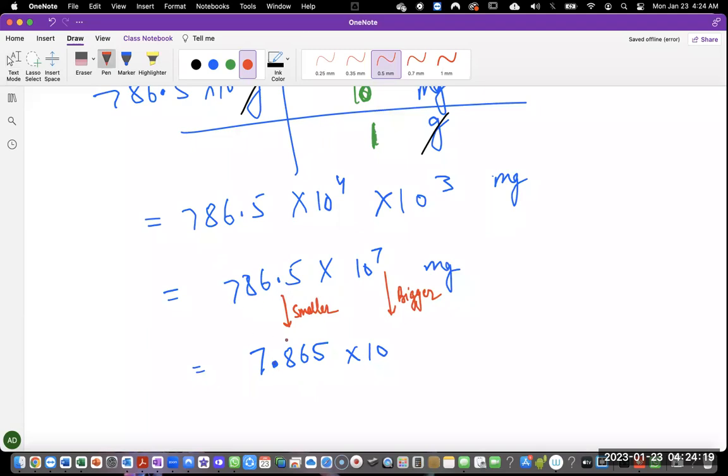So you made this number smaller by 2 decimal places. You have to make this number bigger by 2. How do you make +7 bigger? Do you go towards the 6 and 5 side, or do you go towards the 8 and 9 side? You, of course, go towards the 9 side, right? So 10 to the power 9, that will be the final answer. Okay, so that's the answer for this problem.